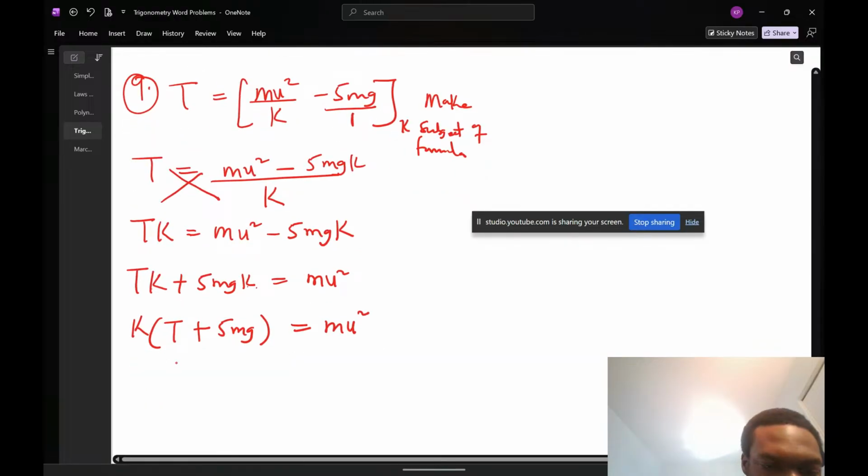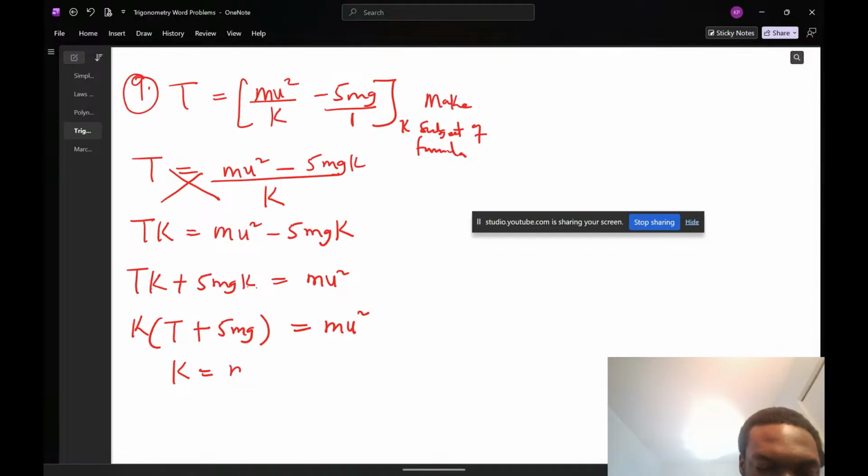So now k is equal to mu squared all over t plus 5mg. So this will be the answer.